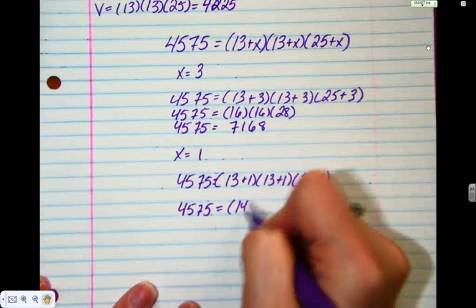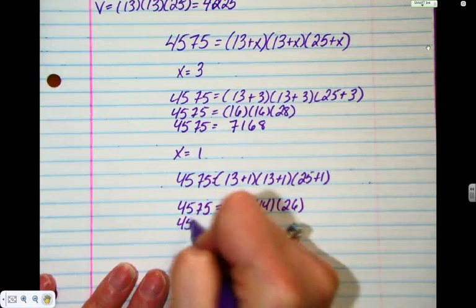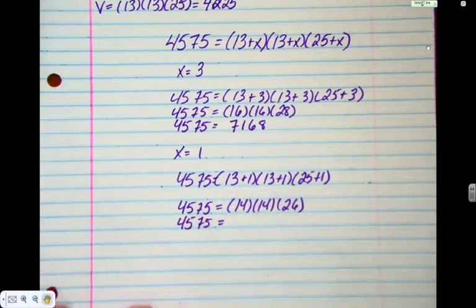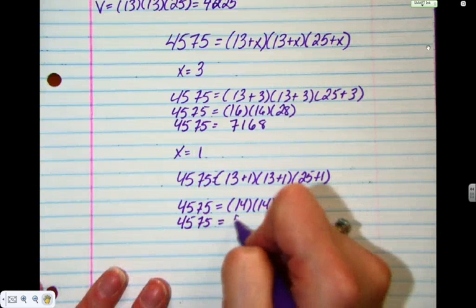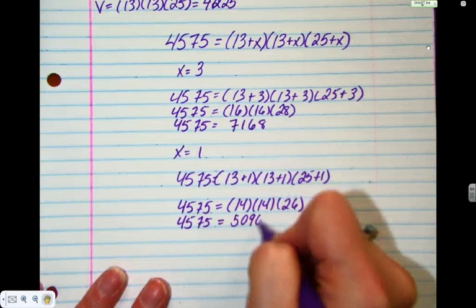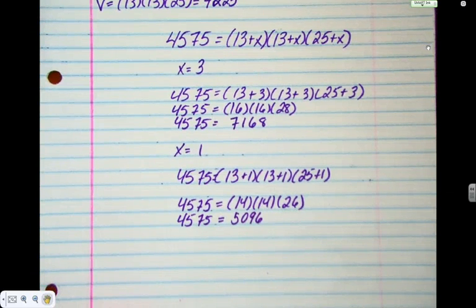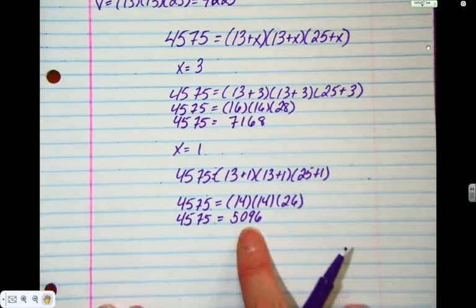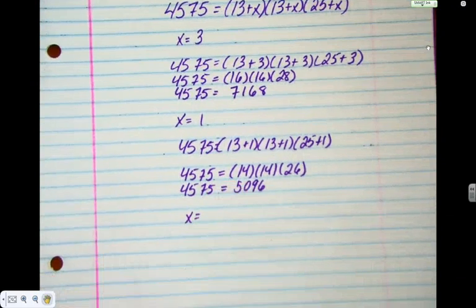Okay, so 14 times 26. What does that tell us? That it's less than 1. Okay, a lot less than 1, a little bit less than 1.